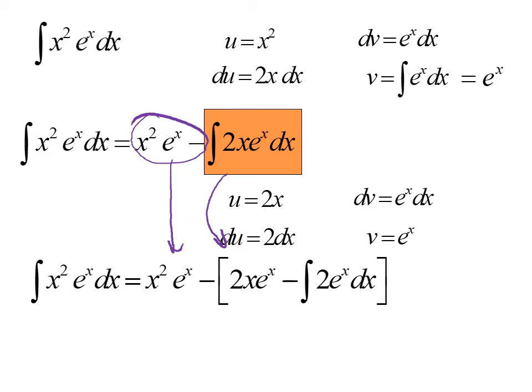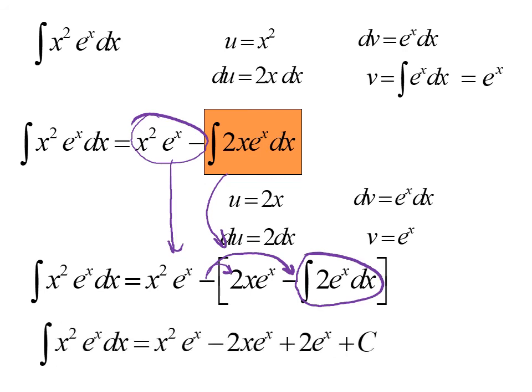Now at this point, we can actually do the integral of 2e to the x. That would be 2e to the x. Now you do want to be careful with the minus signs, because this minus sign, when we put it with the 2x e to the x, is going to give us a negative 2x e to the x. However, this is going to give us a positive 2e to the x. And so we're at the end.